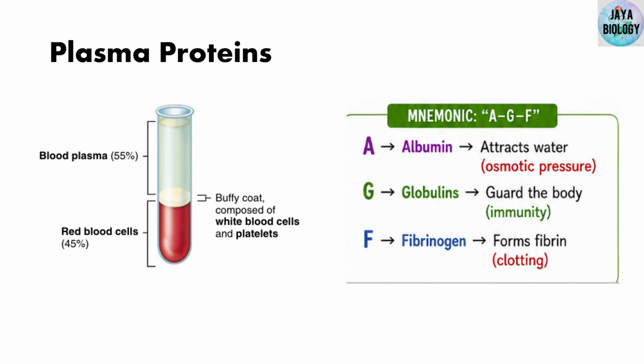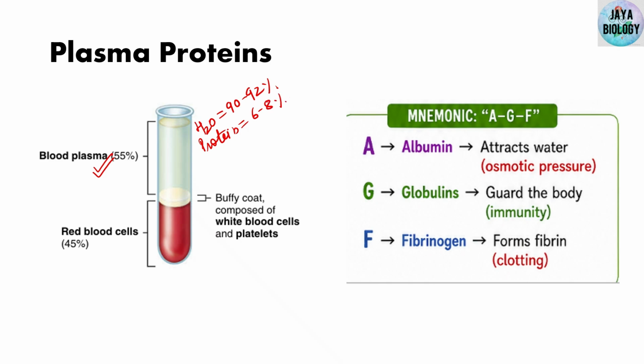So today we are going to understand plasma protein, one of the most important topics from human physiology and very important from NEET point of view also. Now what is plasma? Plasma is a straw-colored liquid part which makes up 55% of the total blood. It contains water, nearly 90 to 92%. It contains proteins, 6 to 8%.